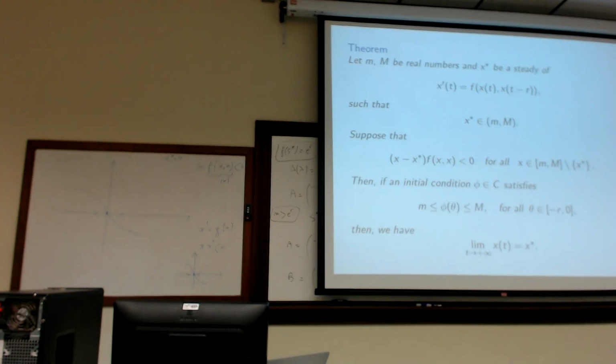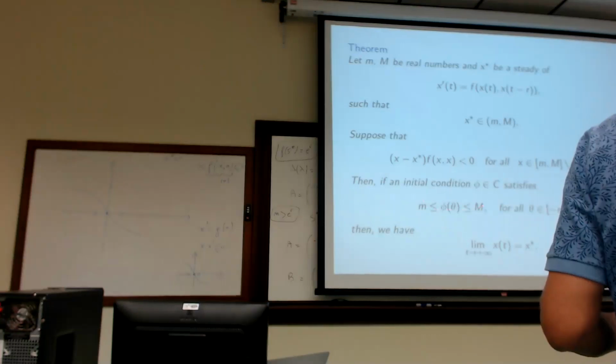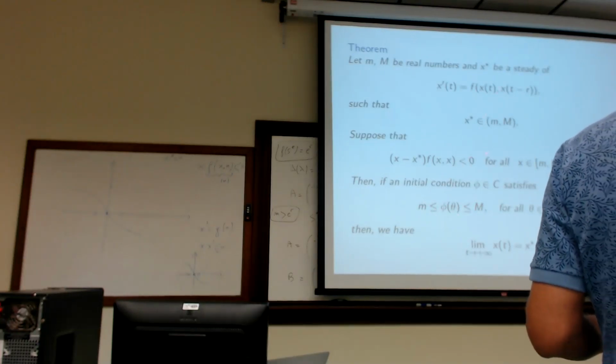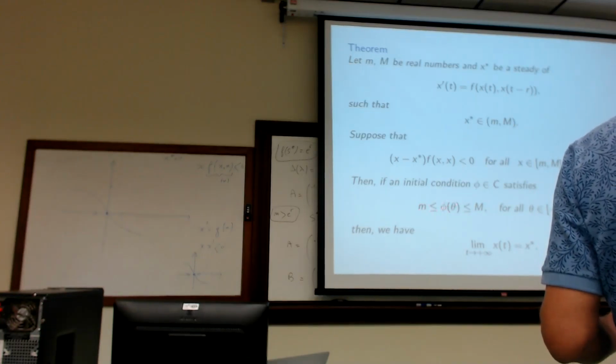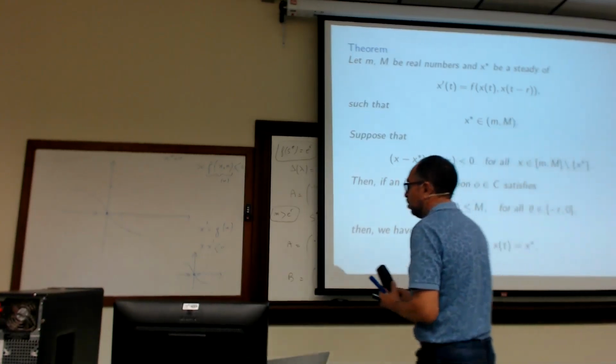If you take an initial condition in this set, the solution will go to this steady state. Here, you know exactly what your set of attractivity is. If you know small m and capital M, you know where to put your initial condition to reach the steady state globally.